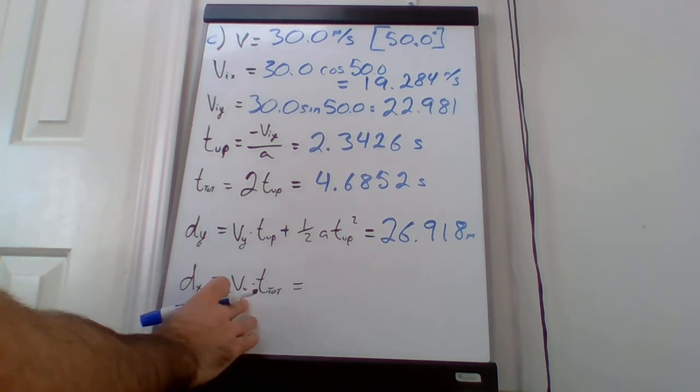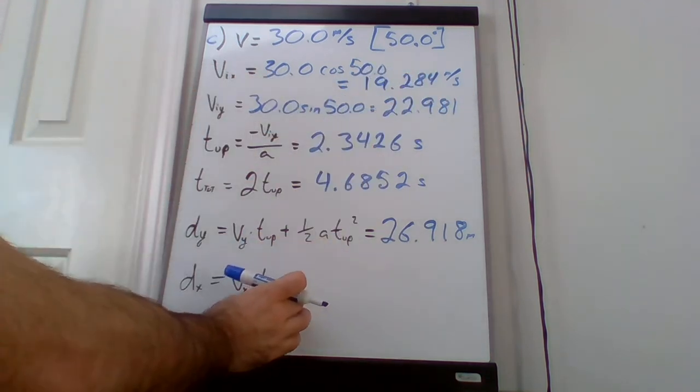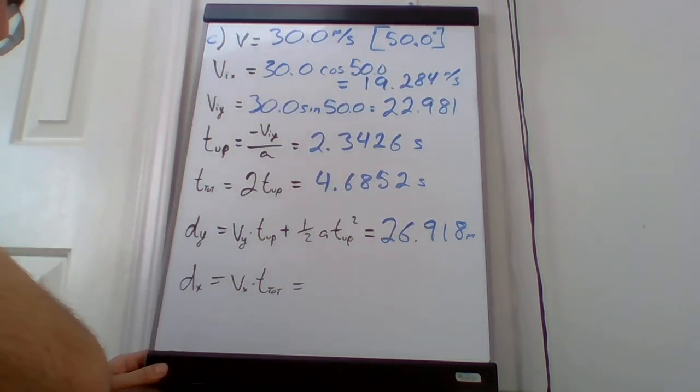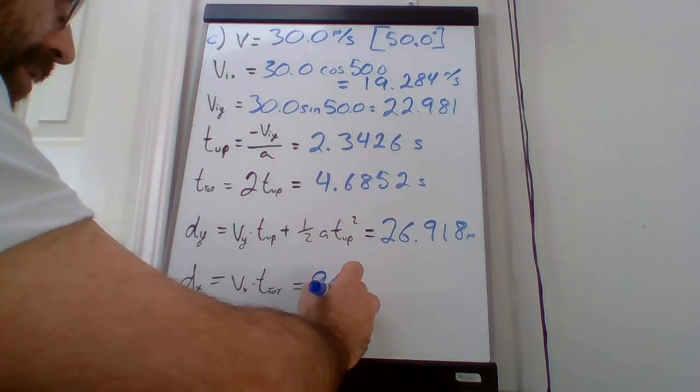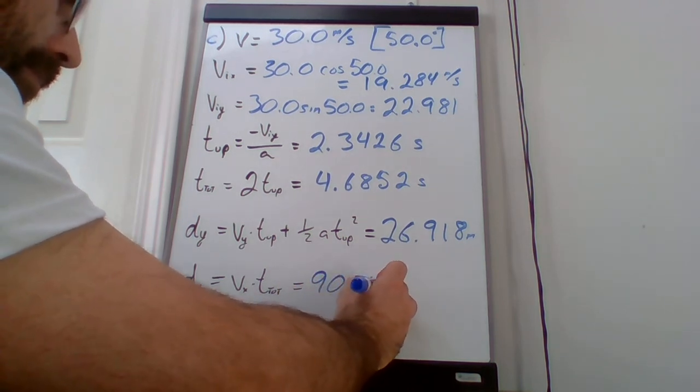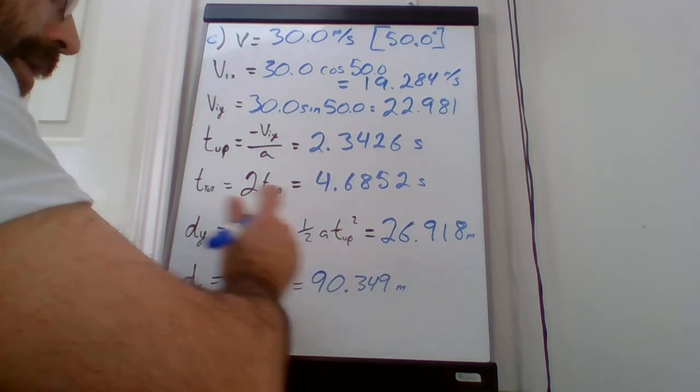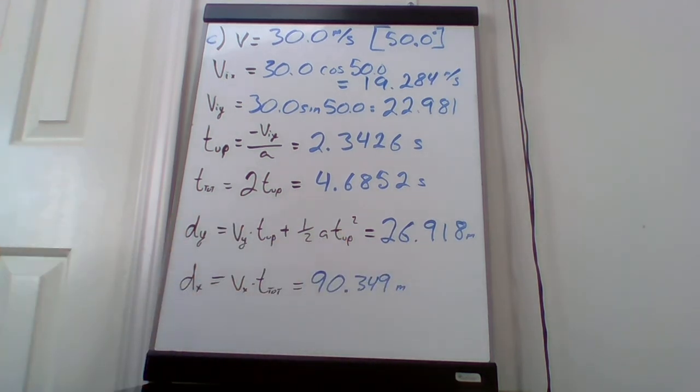And then to find our range, or our distance in the x direction, we take our velocity in that x direction, multiply by the total time that we're in the air, and we end up with a range, or a horizontal distance, of 90.349 meters.